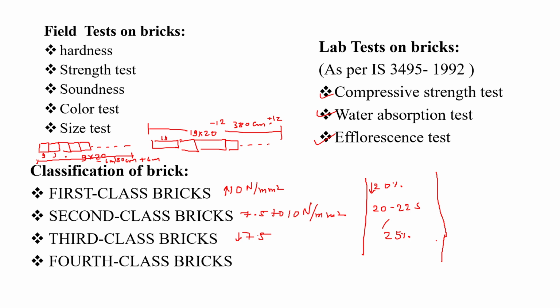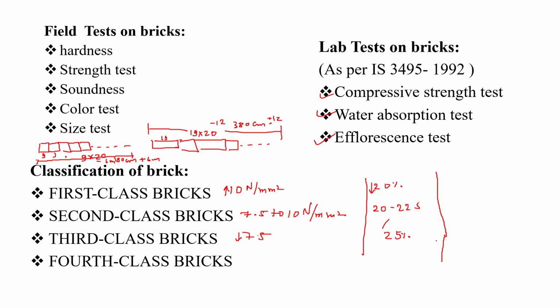In third class brick, they are failing in strength, in water absorption, in color, in soundness, and in hardness. So these are the classifications of first class, second class, and third class.